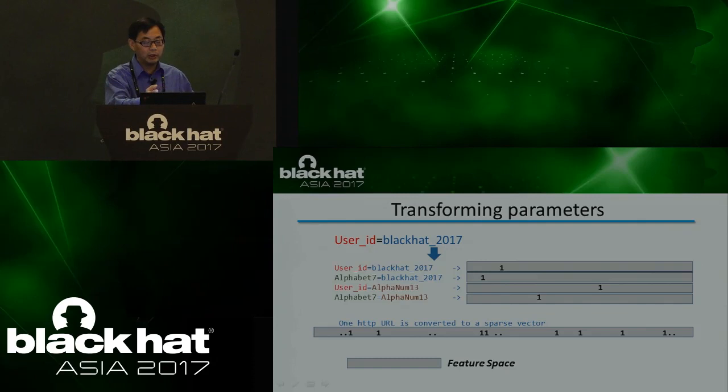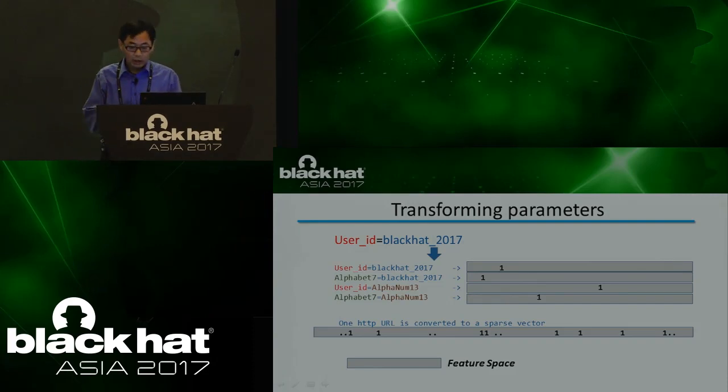So for these parameters, we map the 4 features and get 4 bits. If a URL has several parameters, then we get a sparse vector, with one bit at different positions.